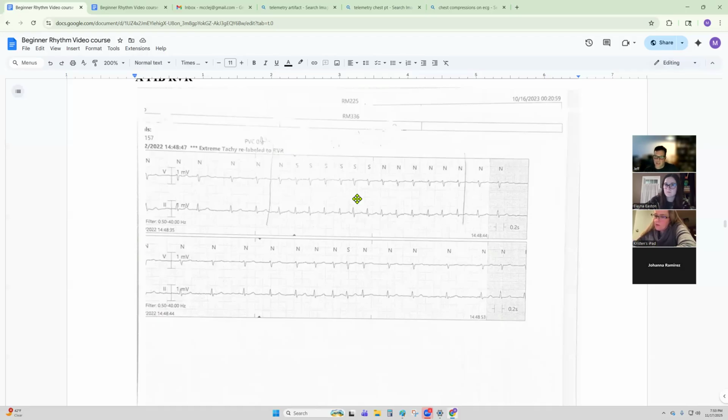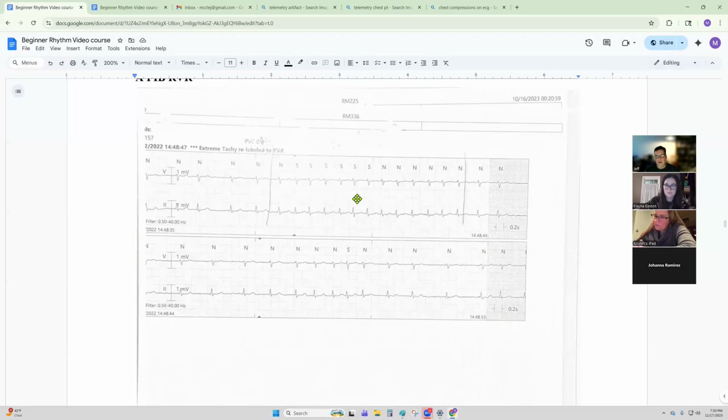Those are pacemaker cells, where PACs are excited cells. So when you have an MAT, they're all excited cells. And that's the nuance between pacemaker cells and excited cells.